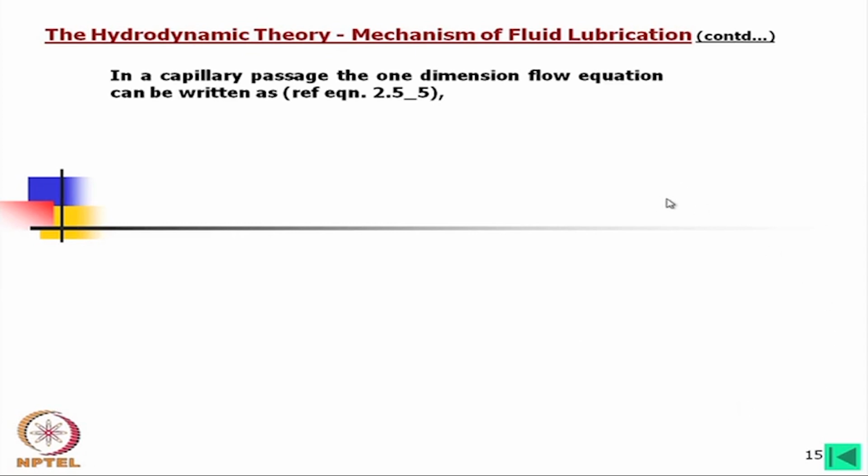Now we are studying hydrodynamic theory, the mechanism of fluid lubrication. In a capillary passage, the one dimensional flow equation can be written as del square u by del y square is equal to 1 by mu del p by del x, which we have derived earlier, 2.5.